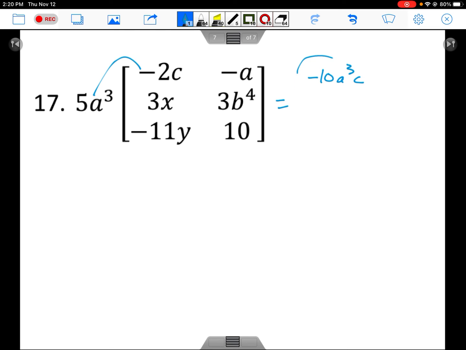You just put them together like that. But if a term also already has an a, you're going to add the exponent on there. So this becomes negative 5a. Well, this is 3 a's times together. You get times by another a, so that's 4 a's times together. So it becomes a to the fourth. And then you can go through the rest of these. If they have different variables, you just put them next to each other. If they have the same variable, you're going to add the exponent. And there you go.